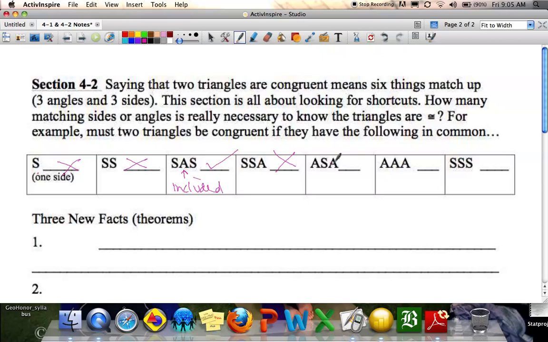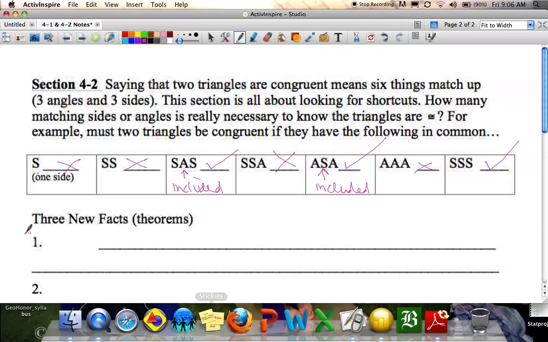That's one way to remember it. This one, this is the included side, and when we did that activity we found out that that was a good one. Angle, angle, angle did not necessarily hold true, and side, side, side did.